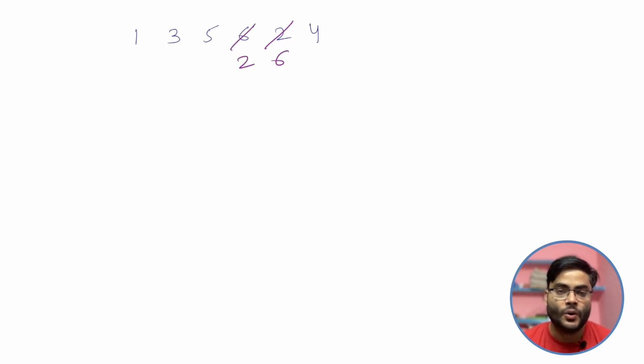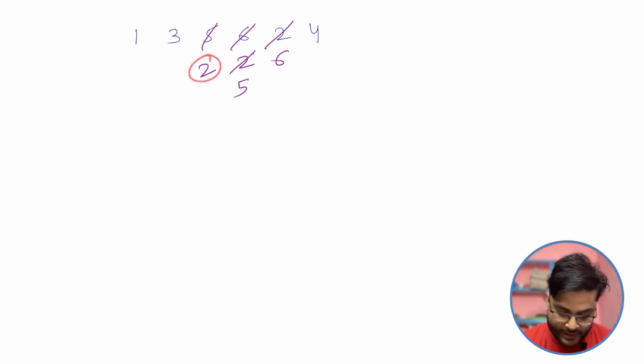Now what will we do further? We will again check if this is in the correct position or not. So check 2 with 5. It's still not in the correct position, so we will swap 2 with 5. So this will be 5, this will be 2. Now again check 2 with its previous element.